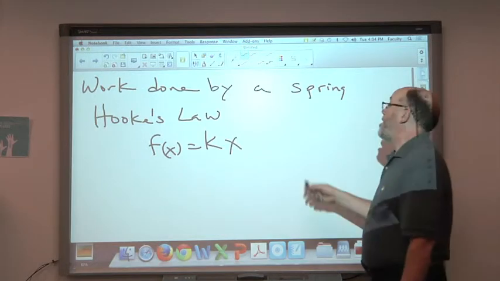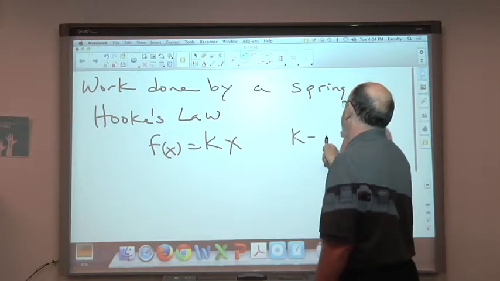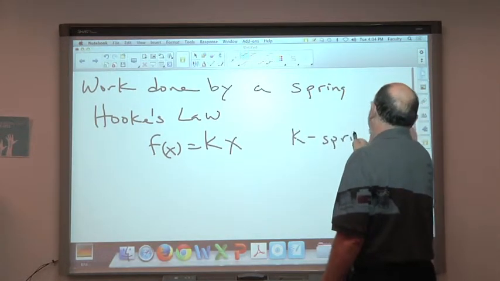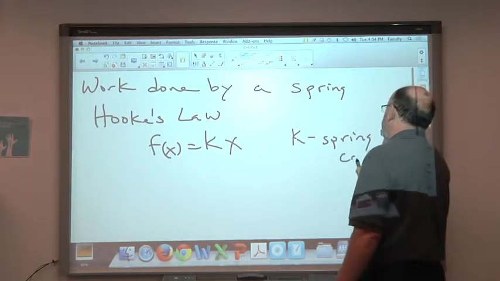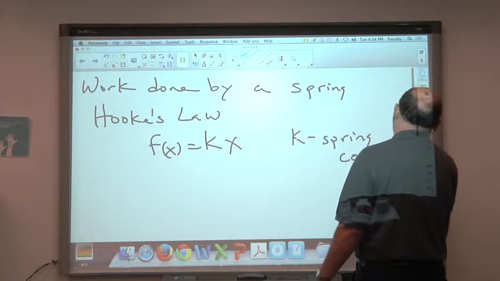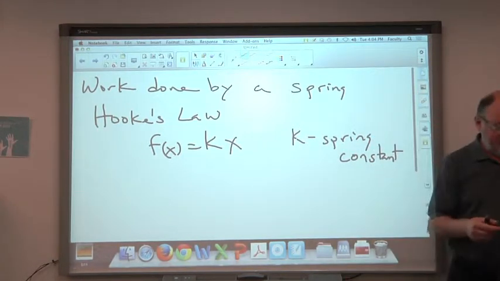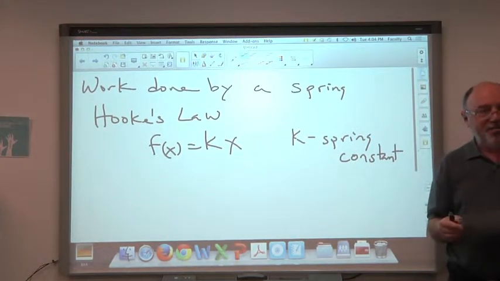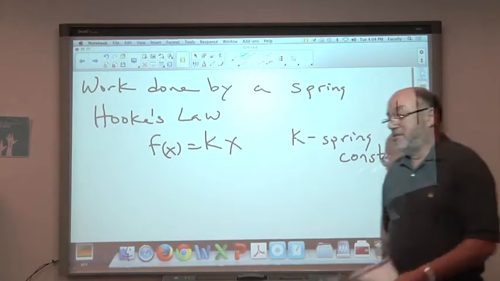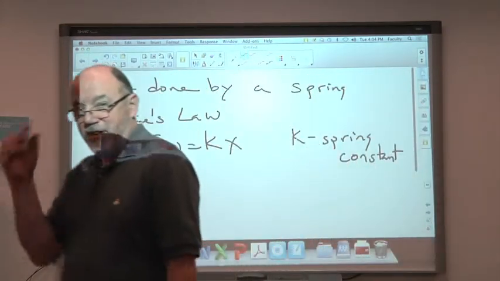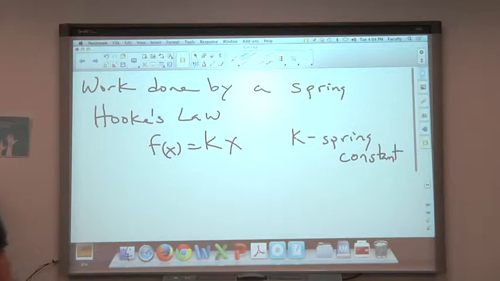Okay? Basically, k is a measure of how stiff the spring is. So the higher the k value, the harder it is to stretch that spring out. Think of the difference between a spring you may have on a pen compared to the spring on a garage door.